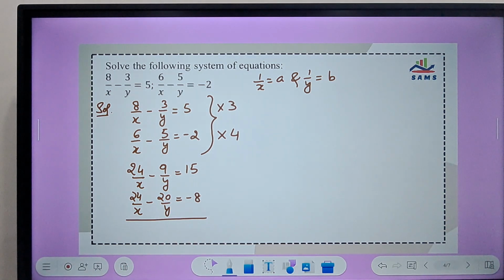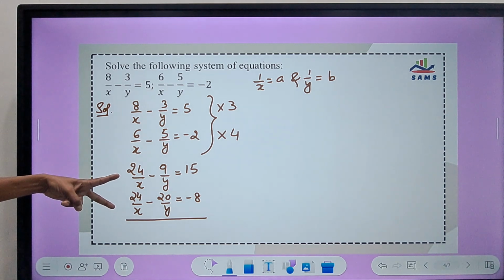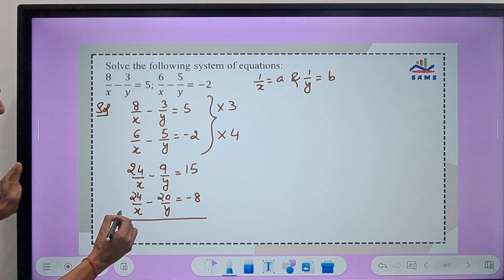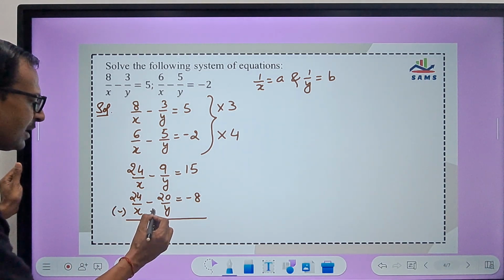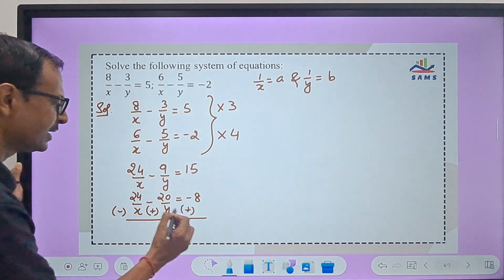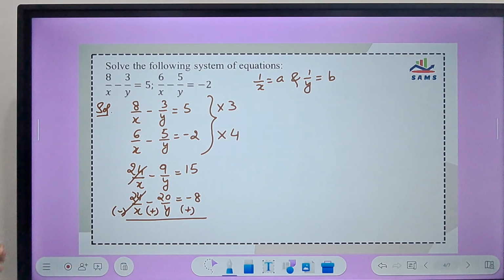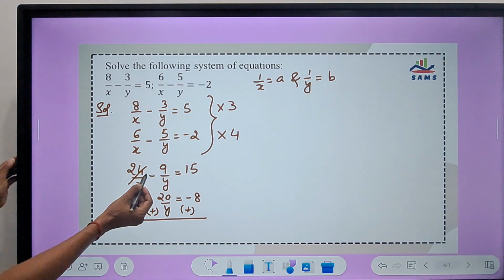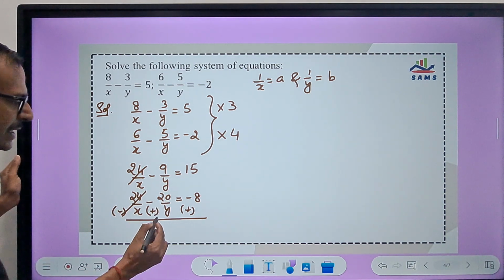I told you in my previous video, when the sign is same, you need to subtract them. So when you subtract, the sign changes, minus, plus, plus, and so 24 upon x gets cancelled. Minus 9 and plus 20 is 11, right?